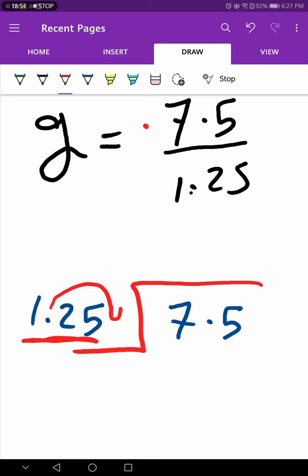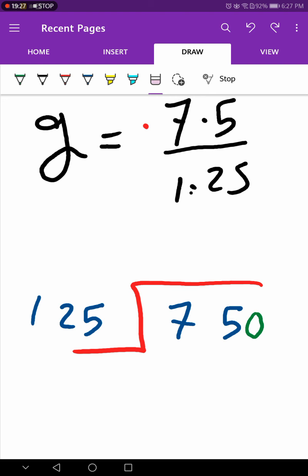Because of that, on the other side we also have to move it 1, 2, but I have nothing there, so we add a 0 and then move it. So no decimal here and no decimal here. Now it's 750 divided by 125.